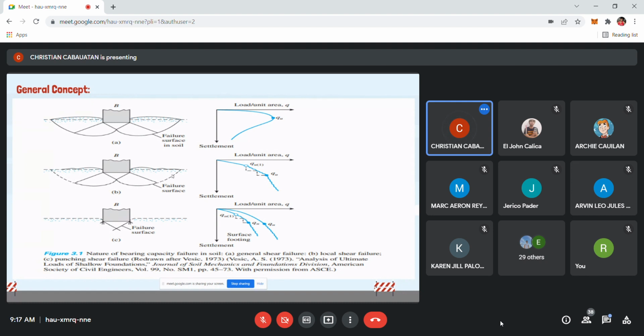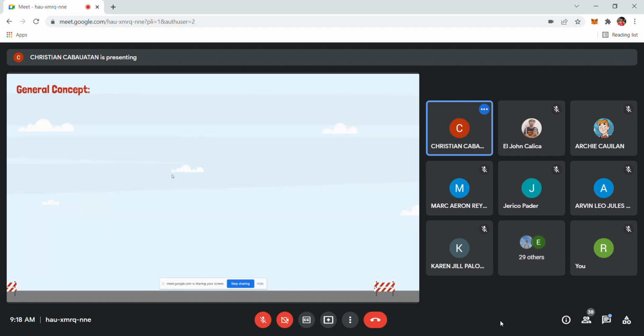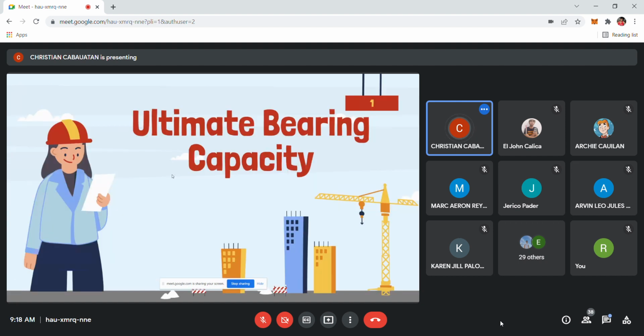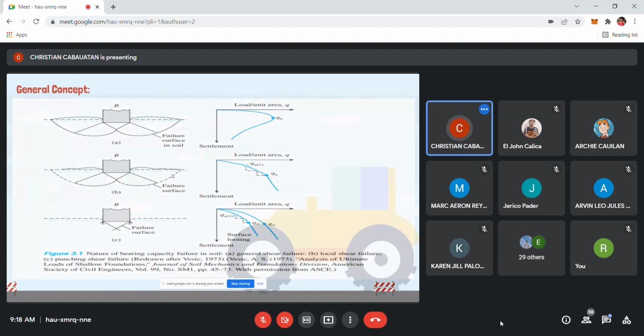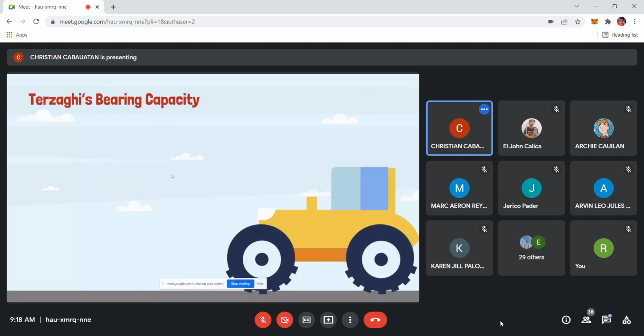So, there are two types involving the soil bearing capacity: the first one is the Terzaghi bearing capacity, and the second one is the Meyerhof bearing capacity. For now, we are dealing with Terzaghi's bearing capacity. Okay?